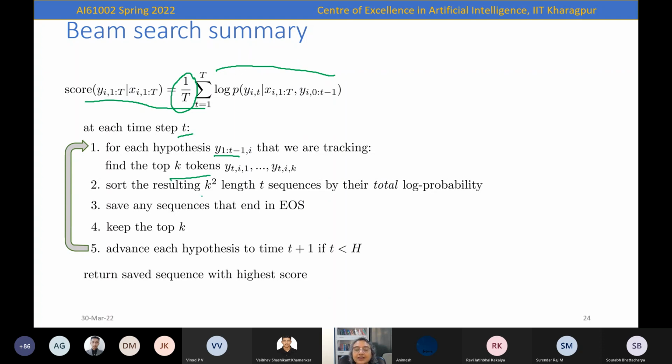Out of these k squared sequences, you keep the top k. If any sequence ends in end of sentence, you terminate the sequence at that point and continue to the next step. When you have got k hypotheses ending in EOS, you stop, and based on the score, you pick the best sequence.